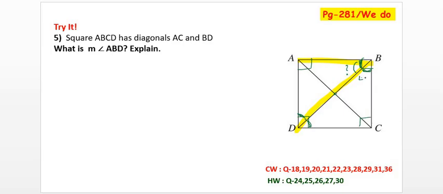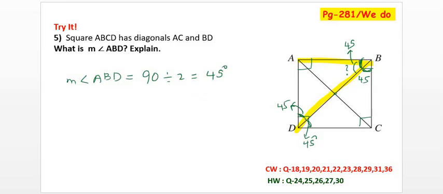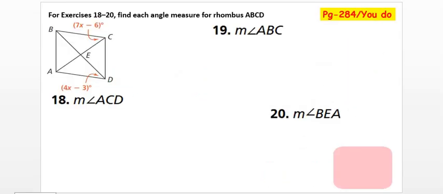So each angle will be how much? Because the angle 90 degrees gets bisected, each angle will become half of it. That means each angle will be 45 degrees, right? So we can say that the measurement of angle ABD is actually half of the 90 degrees, so it's 45 degrees. Clear?